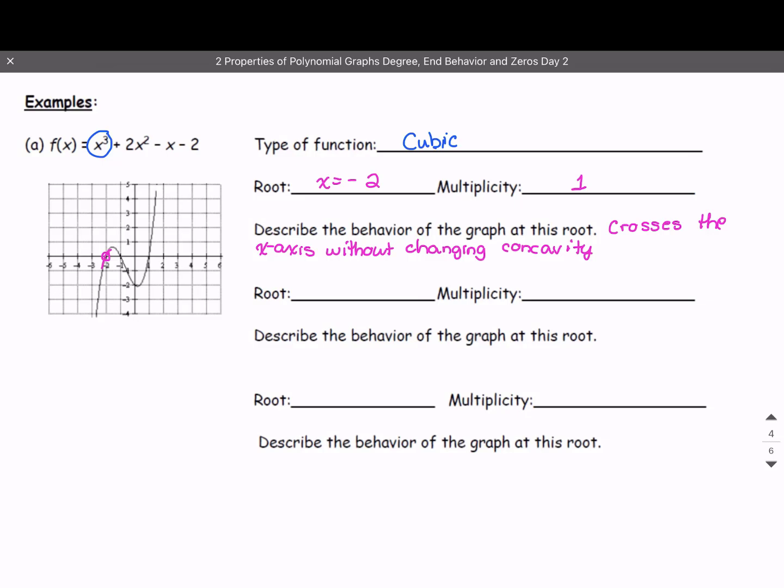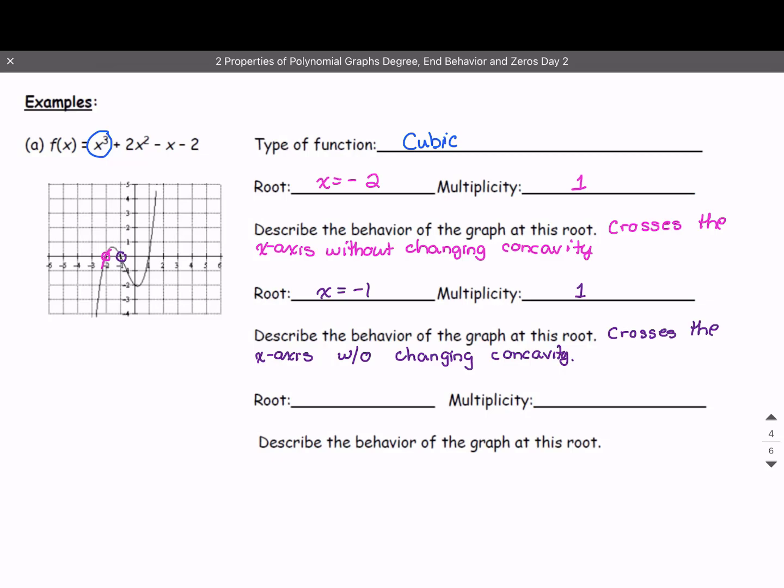Now let's take a look. The next root I see is at negative 1, and it doesn't matter what order you're finding these roots in. I'm just working left to right. And I would say that again, this is a root of multiplicity 1 because the graph also crosses the x-axis, and I'm going to abbreviate without. W/O means without changing concavity.